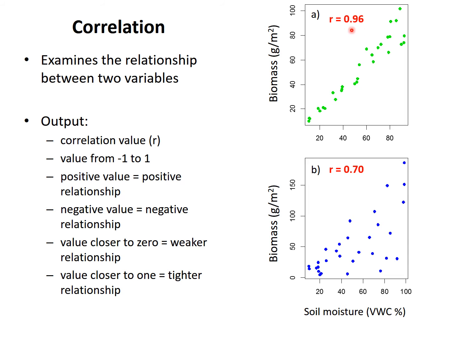And because it's far from zero, it's a tight relationship. You see that as soil moisture increases, there's a clear increase in biomass. In the second panel, you see there's a lot more scatter in the data. There's still obviously a positive relationship, but there's a lot more scatter. It's a looser relationship.